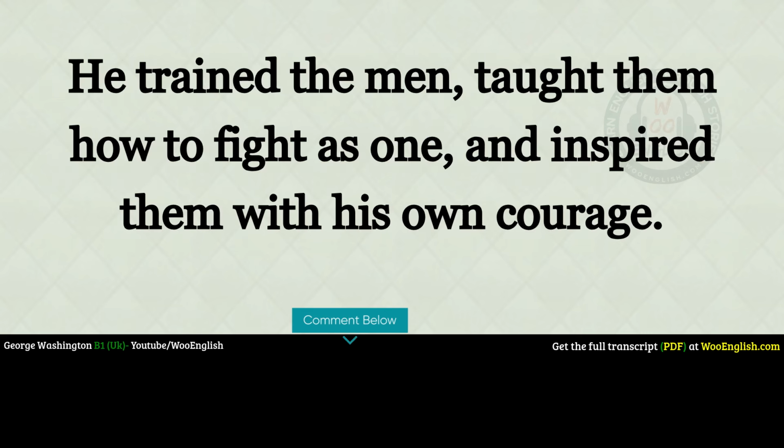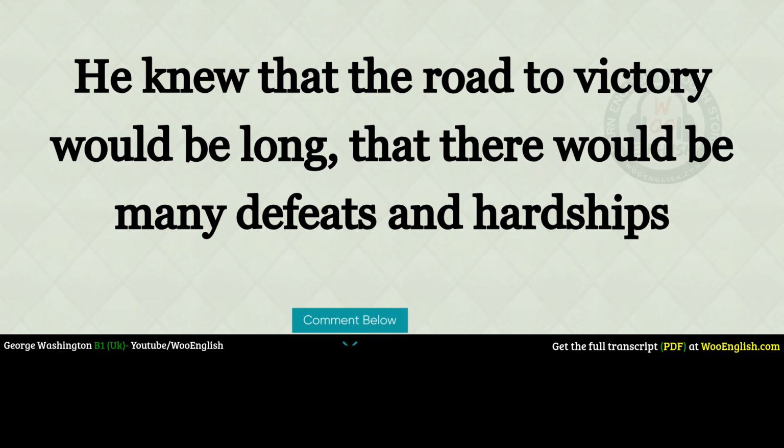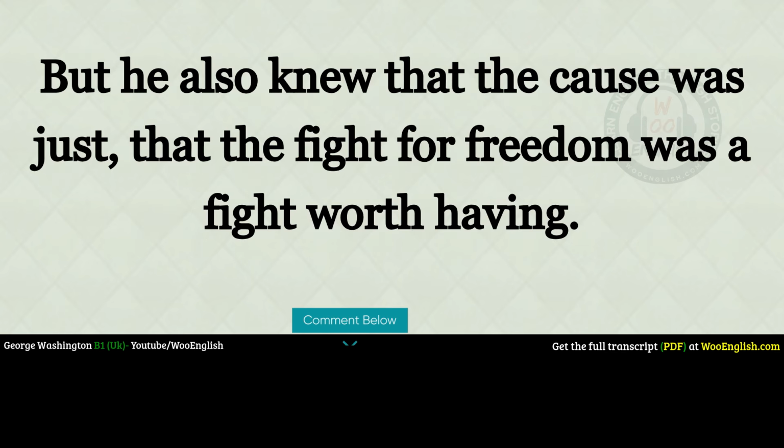He trained the men, taught them how to fight as one, and inspired them with his own courage. He knew that the road to victory would be long, that there would be many defeats and hardships along the way. But he also knew that the cause was just, that the fight for freedom was a fight worth having.